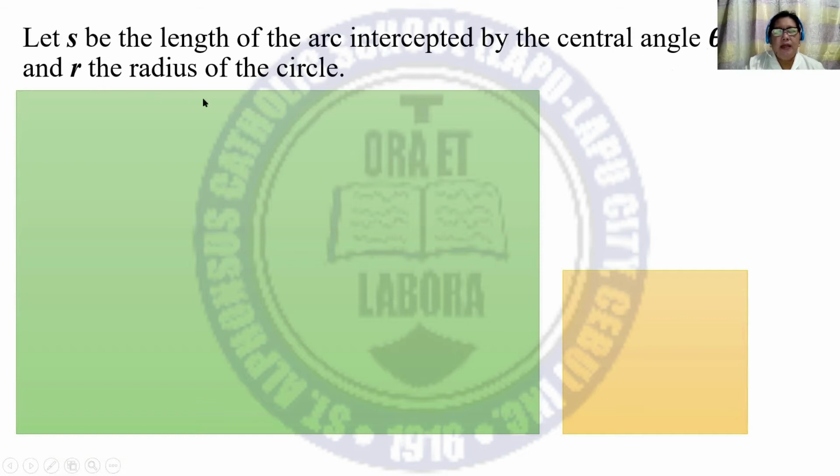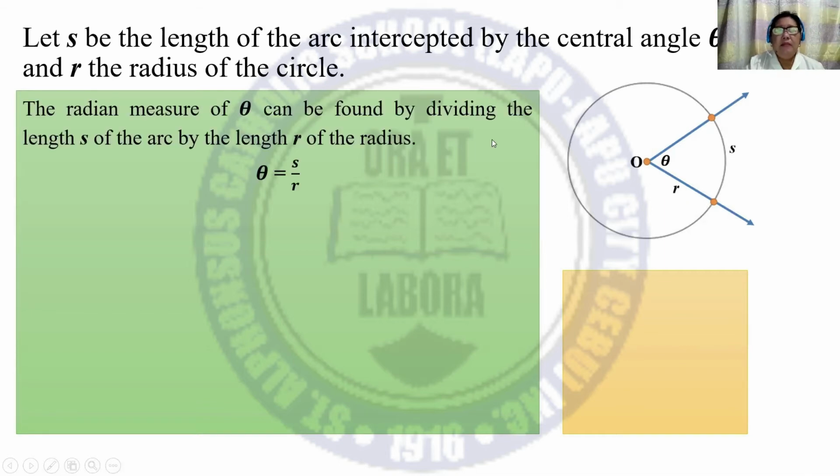So given this illustration, we have theta and the arc represented by S and the radius by R. The radian measure of theta can be found by dividing the length S of the arc by the length R of the radius. So, theta is equal to S over R. This means that angle theta has a measure of S over R radians.